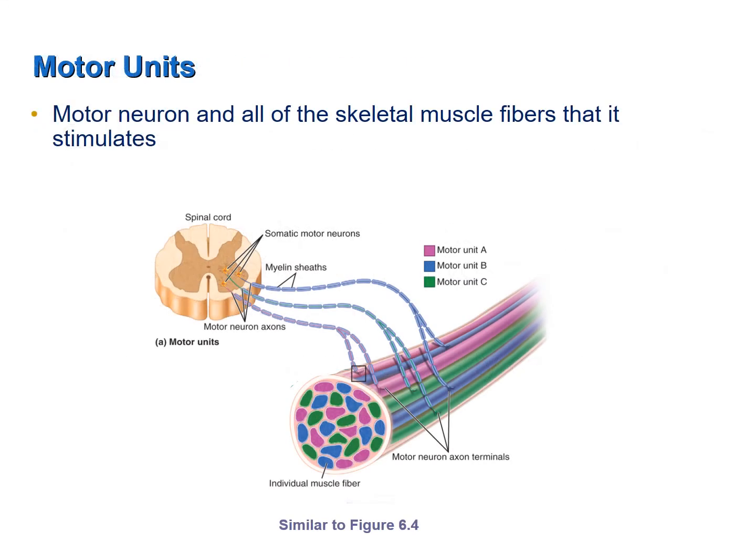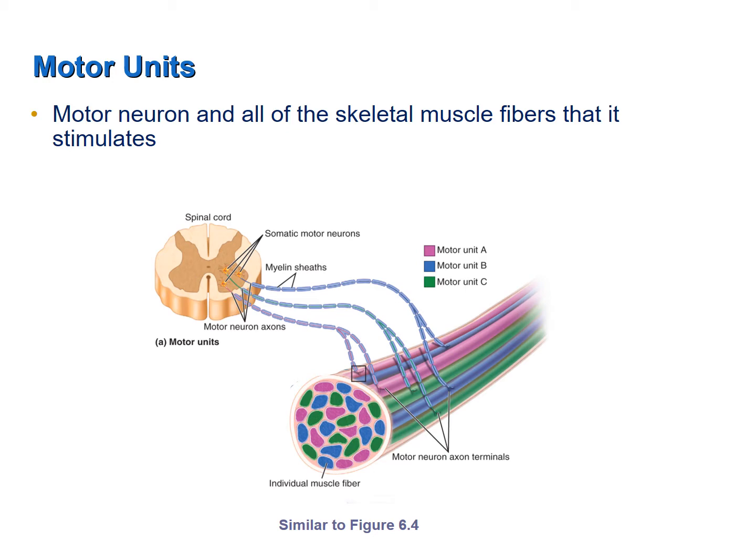A motor unit is a motor neuron and all of the skeletal muscle fibers that it stimulates. Here we have a skeletal muscle composed of 3 motor units. You have 3 motor neurons in the anterior horn of gray matter, each forming junctions with several skeletal muscle fibers of the skeletal muscle.